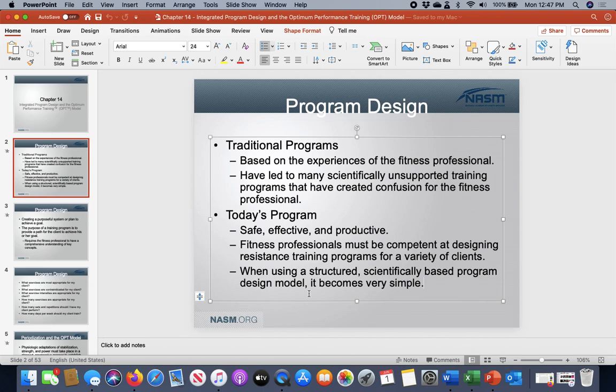Well, if you're going to follow the OPT model from NASM, then there is some science behind it. There is some understanding that this has worked. From my personal perspective, I've used the OPT model during some powerlifting phases that I've had for growth and for max strength, which are phases 4 and 5, and it really gets kind of interesting because you know the parameters that you follow, the rest periods, things like that.